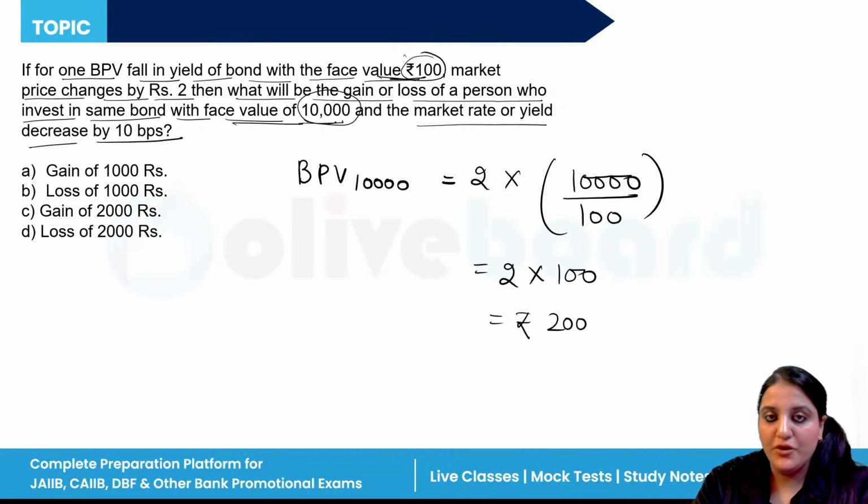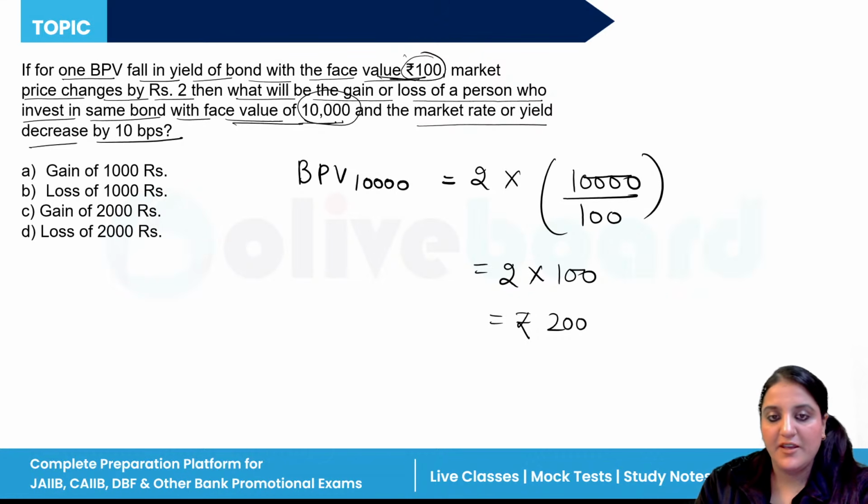Now we know that for 1 basis point, if 1 basis point falls, price increases by rupees 200. Now we have to find the change in price for a 10 bps fall.